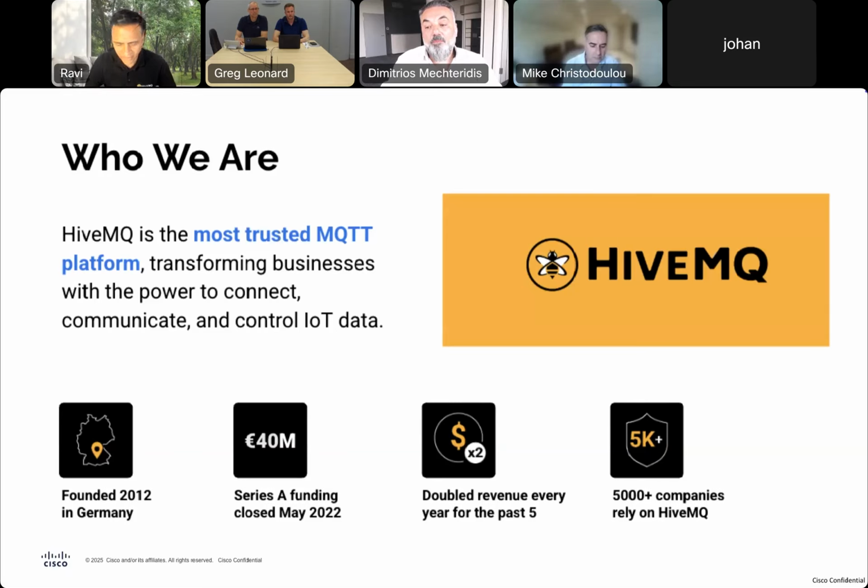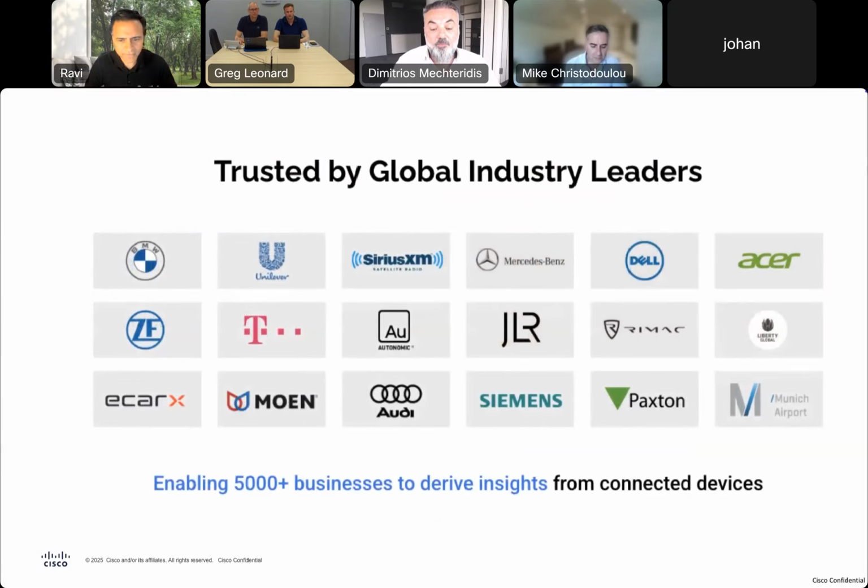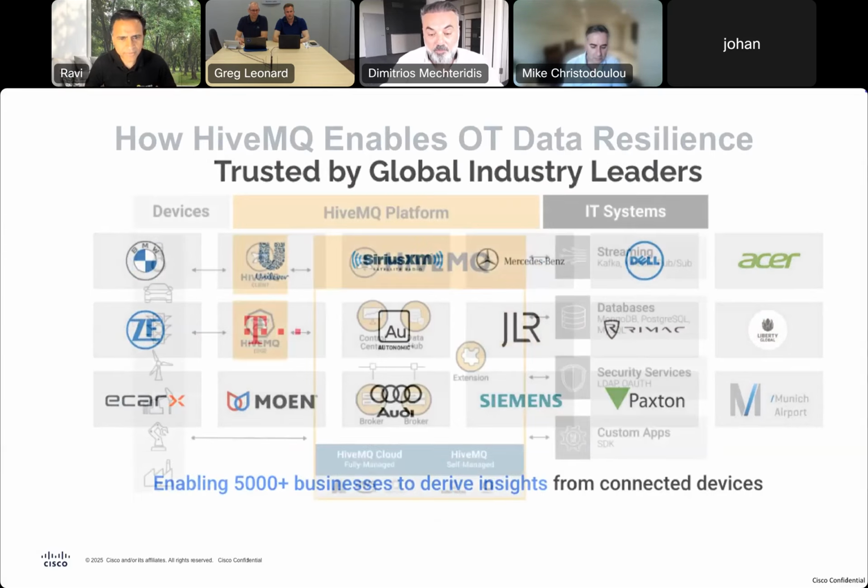More than 5,000 companies rely on HiveMQ as the data backbone that moves data from their OT systems into IT systems so they can do advanced analytics in a secure, reliable, and scalable manner. These are some of our customers.